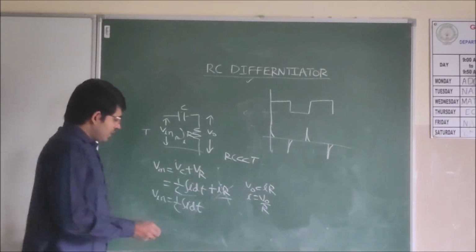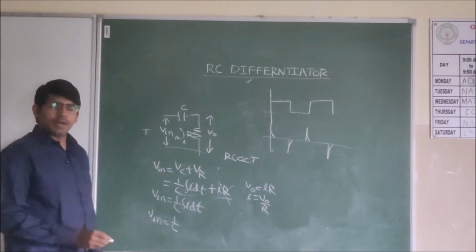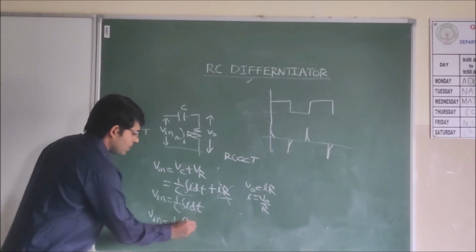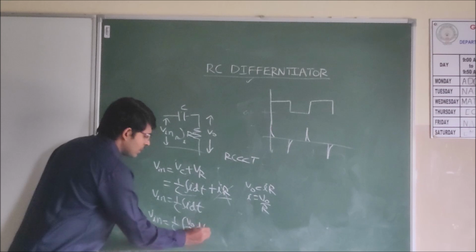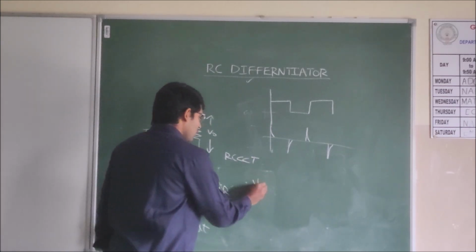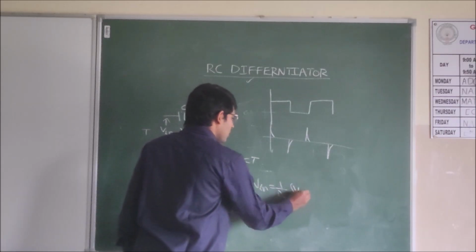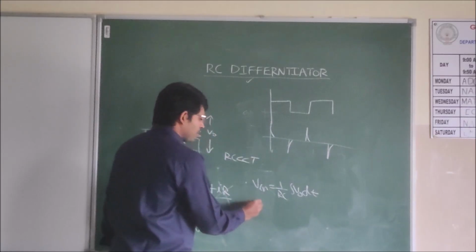So here we are taking V in is equal to 1 by C integral of V0 by R dt. So this will be V in is equal to 1 by RC integral of V0 dt.